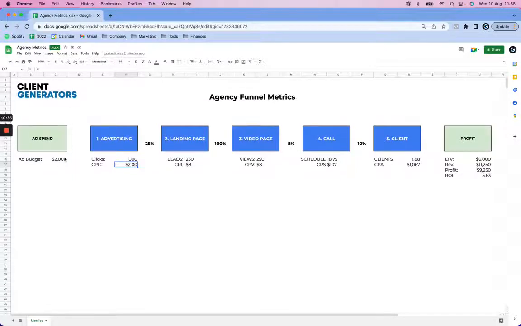If our landing page converts at 25%, that's a quarter, so a quarter of these people are going to put their name and email address into the funnel. 25% of 1,000 is obviously 250.